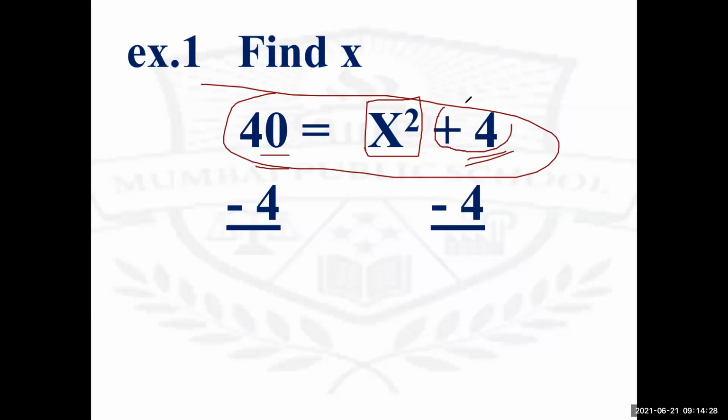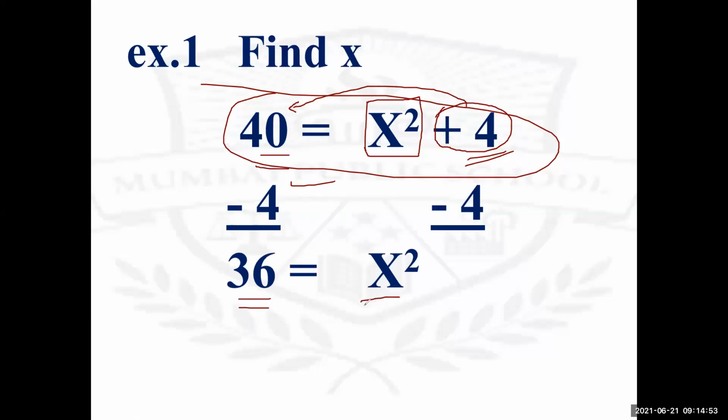In order to eliminate plus 4, you subtract 4 on both sides, or simply shift 4 to the other side. When 4 goes to the other side, it becomes minus 4. So 40 minus 4 is 36 equals to x square.